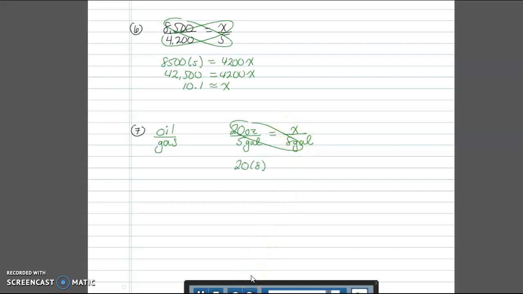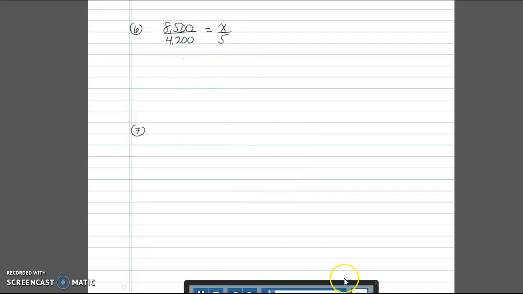So we'll cross multiply 20 times 8, and then 5 times x. 20 times 8 is 160, which equals 5x. Divide both sides by 5, and I have 32 equals x, which means I need 32 ounces of oil to match with that amount of gas.